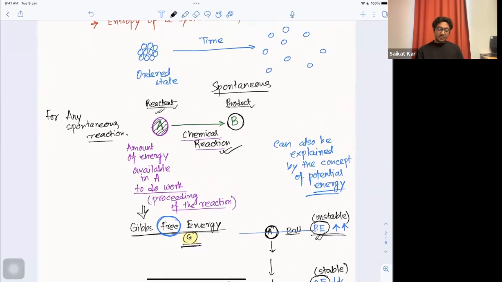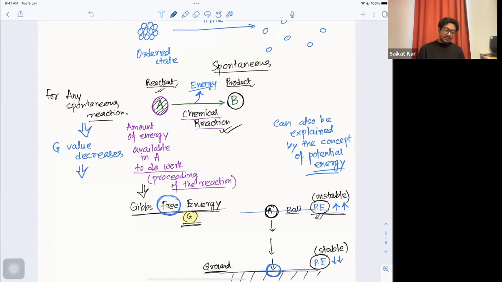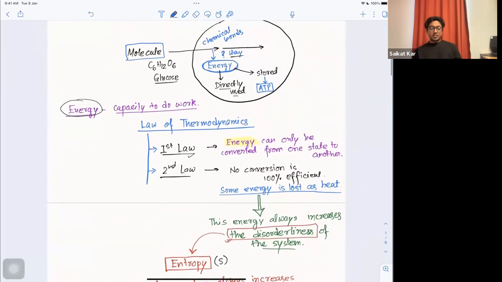For any spontaneous reaction, the G value decreases. And when G decreases, some amount of energy is released in this reaction. And the released energy causes an increase in entropy, disorderness. So till now, what have we studied?